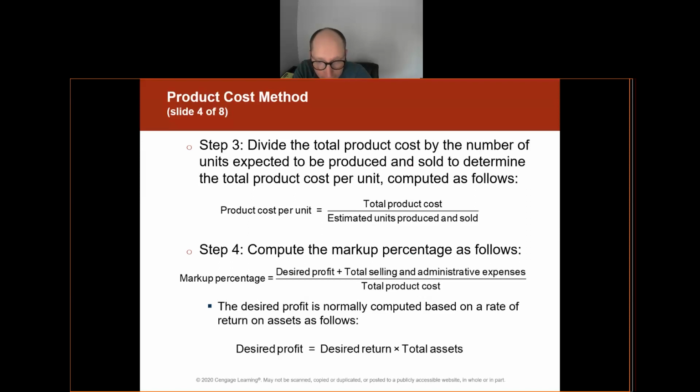The fourth step is to compute the markup. How do you compute markup percentage? We take our desired profit plus our total selling administrative expenses divided by our total product cost. And how do you find desired profit? It's our desired return times total assets.